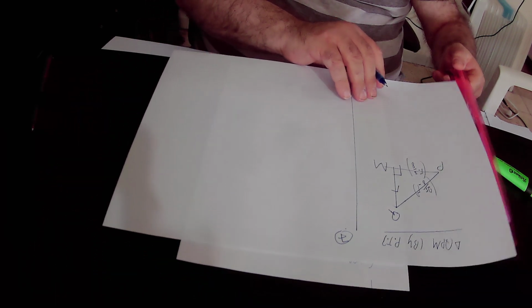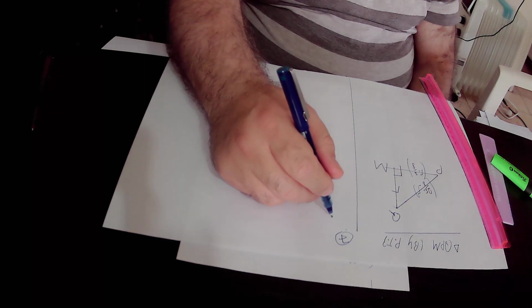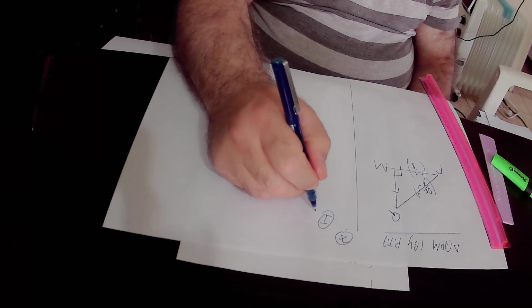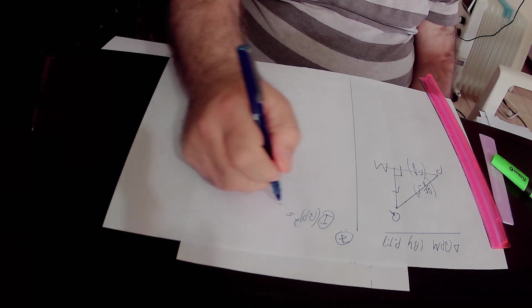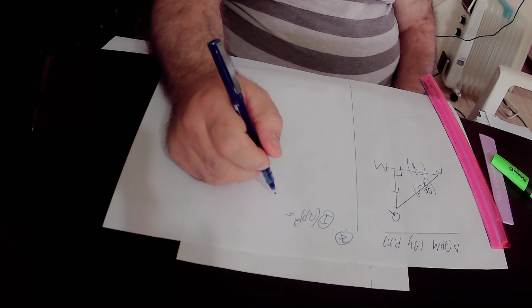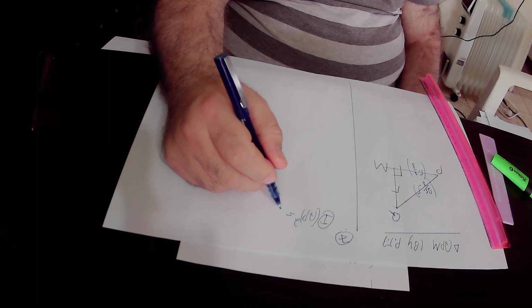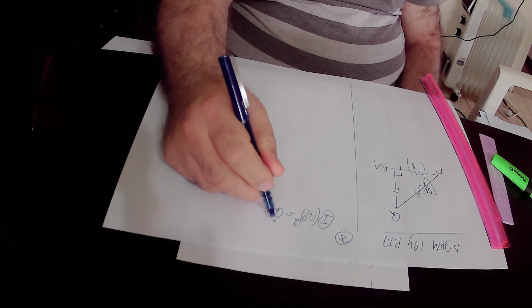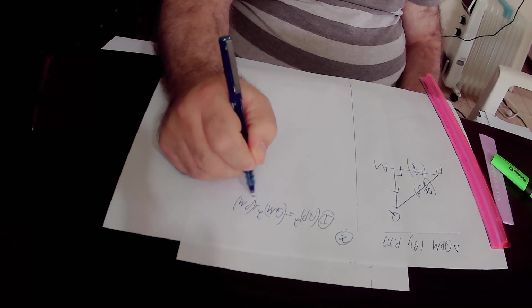The hypotenuse is QP, therefore the square of the hypotenuse is QP squared, and it must be equal to the sum of the squares of the perpendiculars. That is to say, it must be equal to QM squared plus PM squared. Okay?